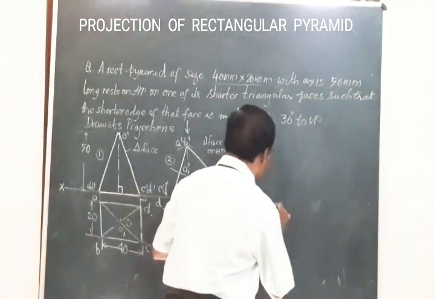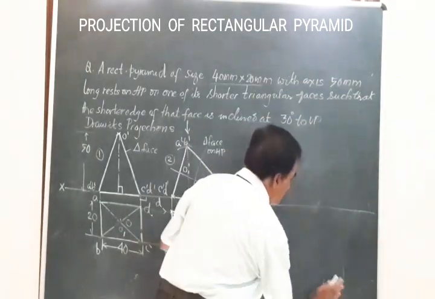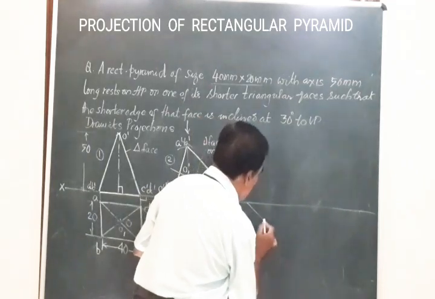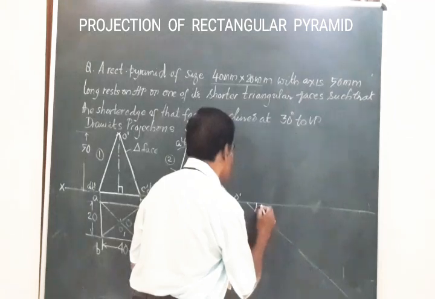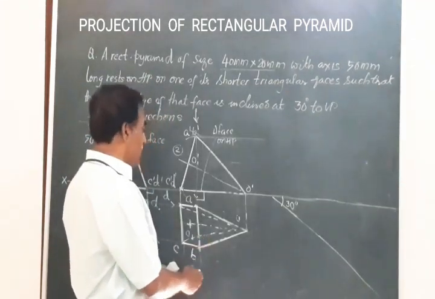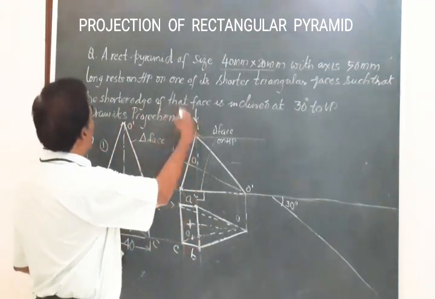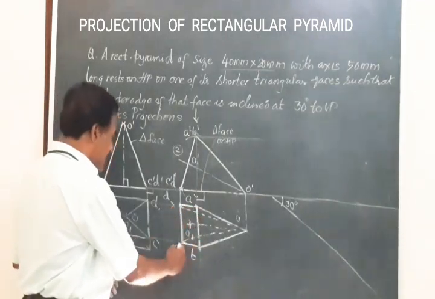So I extend this line, draw a line here at an angle of 30 degrees. Friends, you are seeing in the top view the shorter edge of that shorter triangular face is AB and CD.